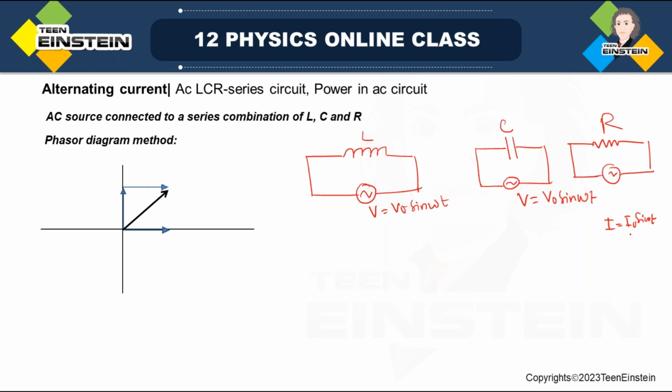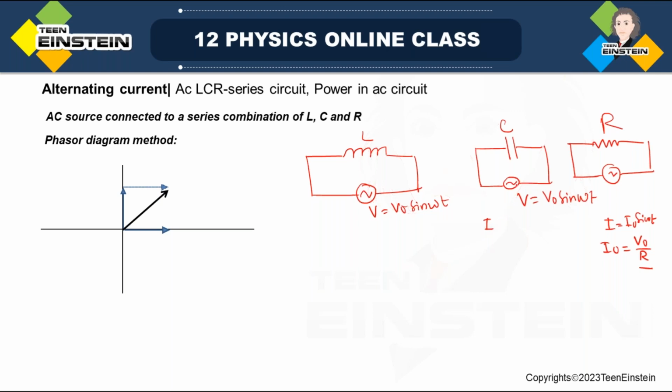There is no phase difference, right? And I0 here is V0 by R. In case of inductor, current will be lagging by pi by 2.